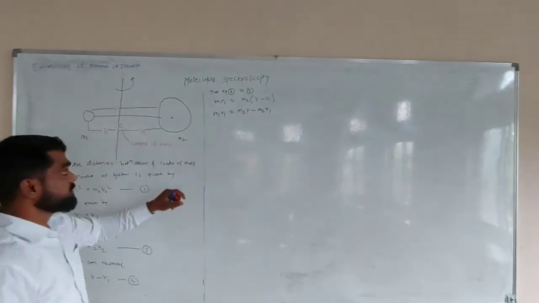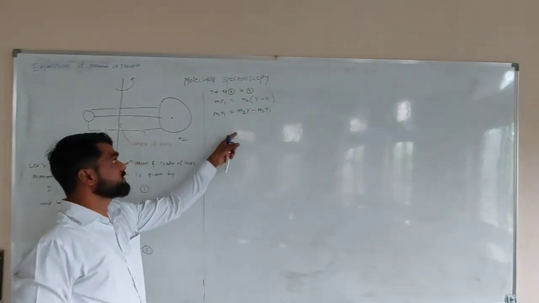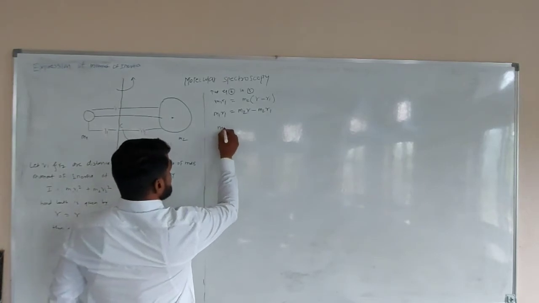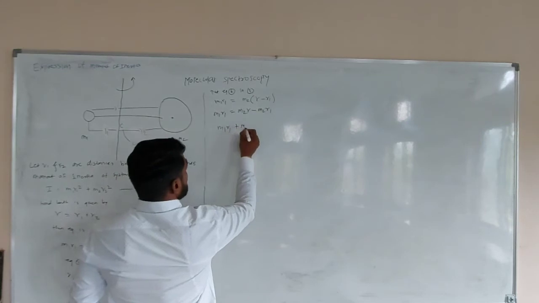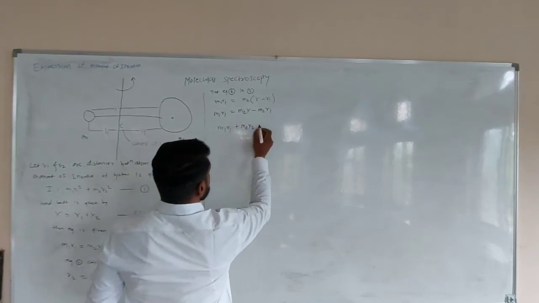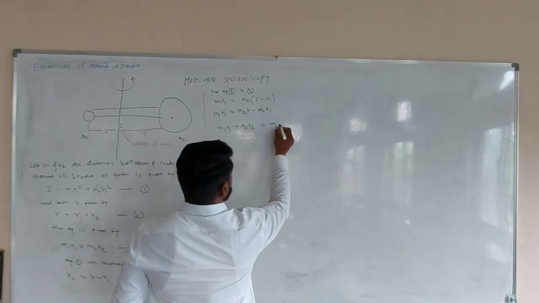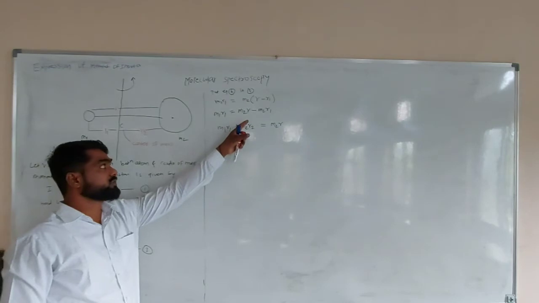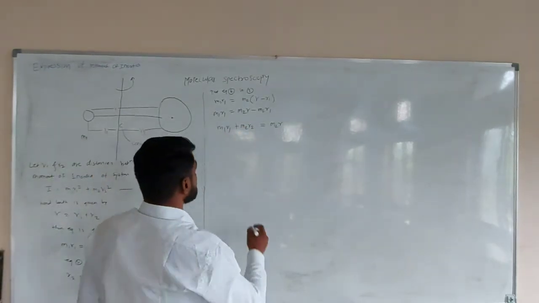Now from this equation, shift minus m2 r1 to the left hand side, that is m1 r1 plus m2 r1 is equal to m2 R. The minus sign is converted into a plus sign because it is shifted from the right hand side to the left hand side.